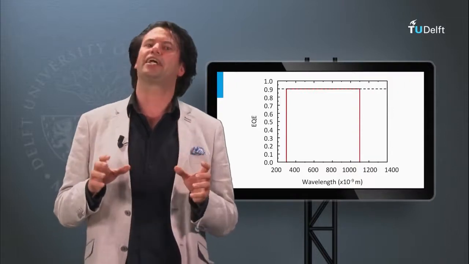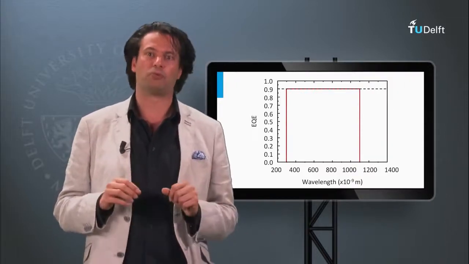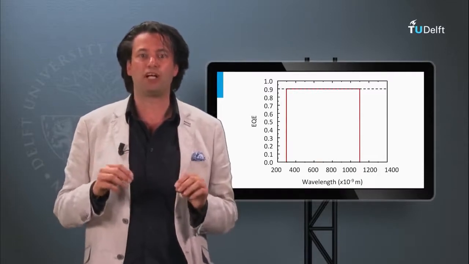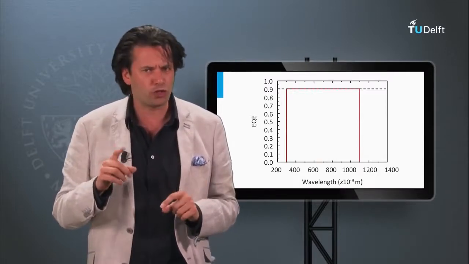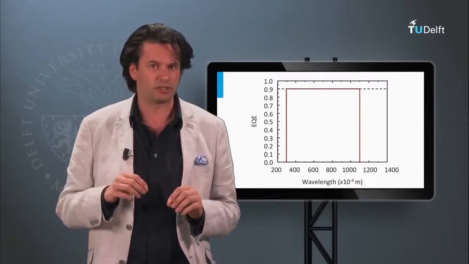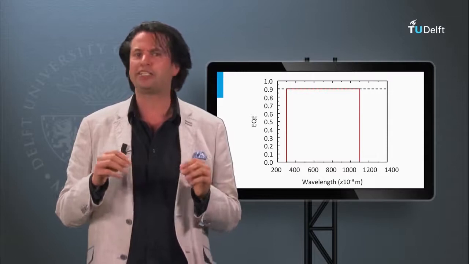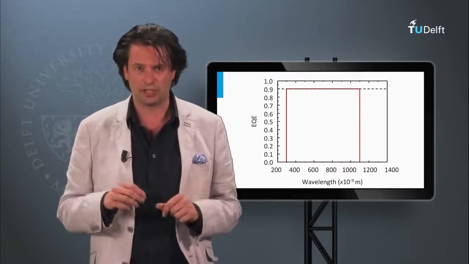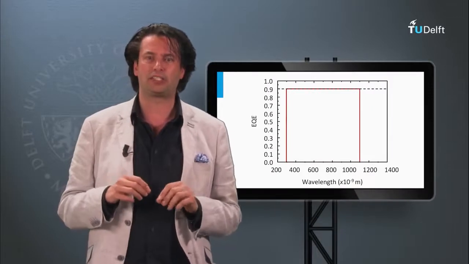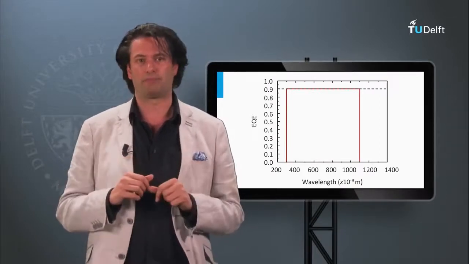Let's consider crystalline silicon as absorber layer. Crystalline silicon has a band gap of 1.12 electron volt, which corresponds to a wavelength of 1107 nanometers. For simplicity, we take 1100 nanometers. And we assume that the EQE is 90% above the band gap.